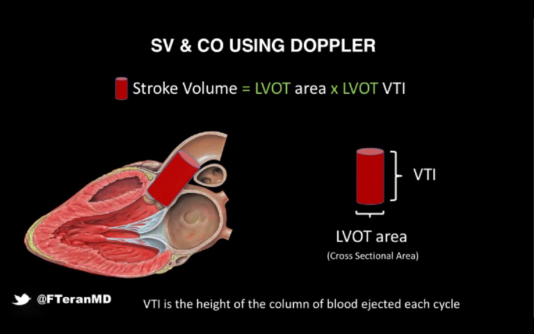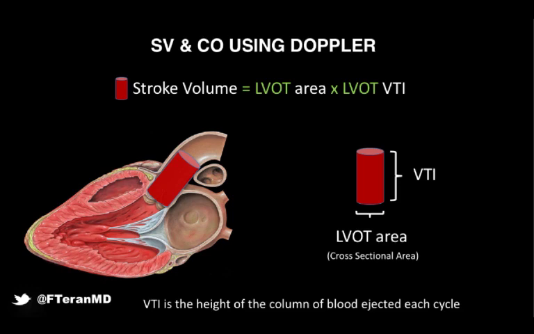What you need to understand to be able to calculate and estimate stroke volume is essentially that stroke volume can be estimated by knowing the cross-sectional area at the left ventricular outflow tract times the VTI. And what is this VTI of the left ventricular outflow tract?